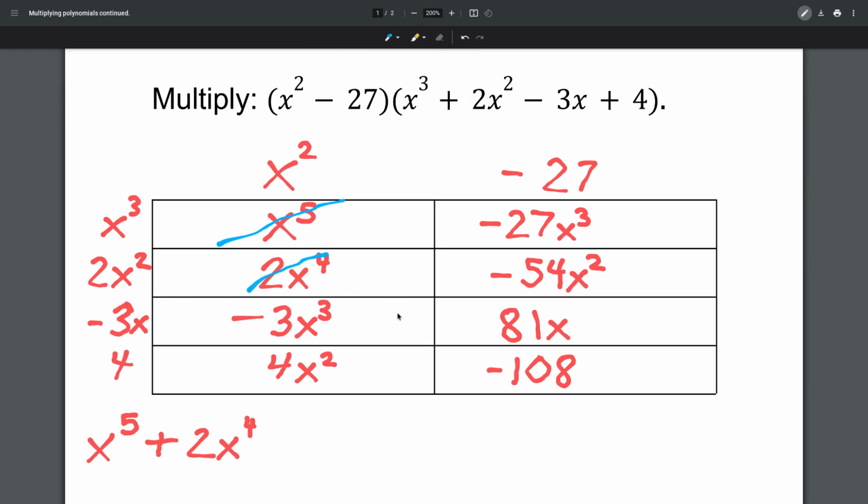Okay, next I have x cubed. So I have a negative 27x cubed here and a negative 3x cubed there. If I combine those together, I get negative 30x cubed. So minus 30x cubed. And we'll cross both of those off.